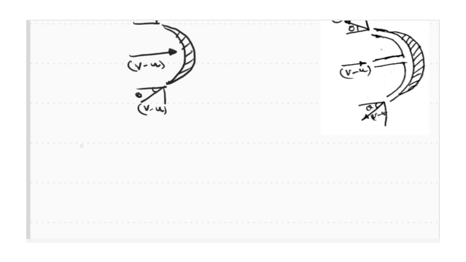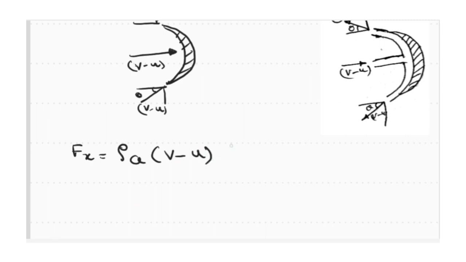So that is equal to Fx, which is equal to mass per second. So that is equal to rho into A into (v minus u), which is the velocity.